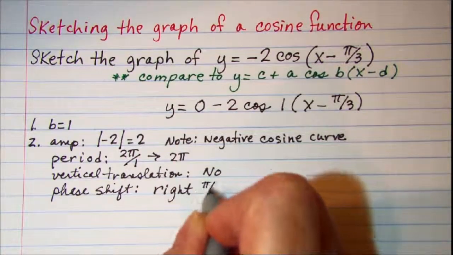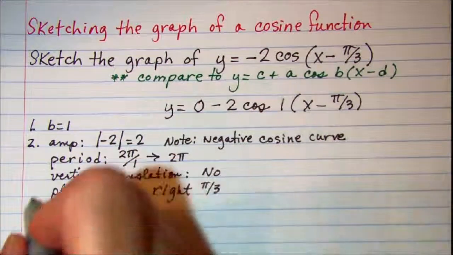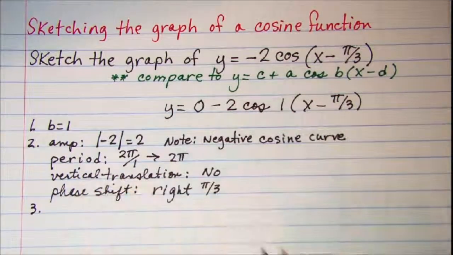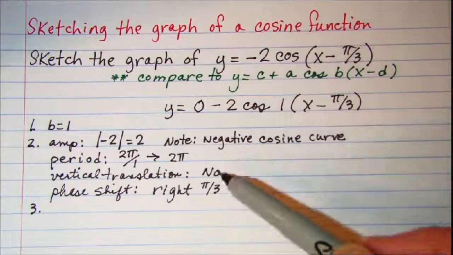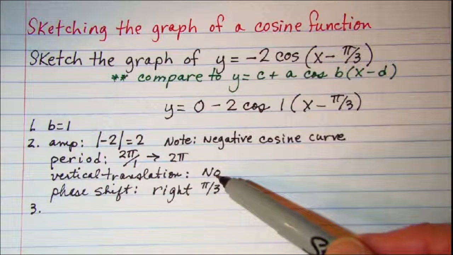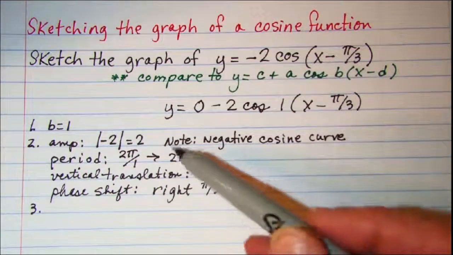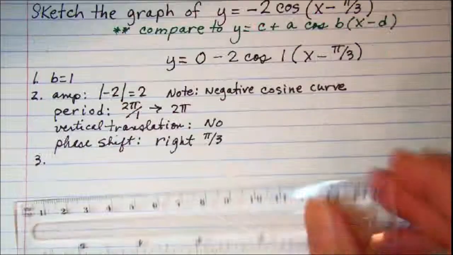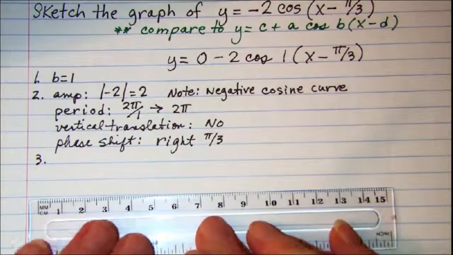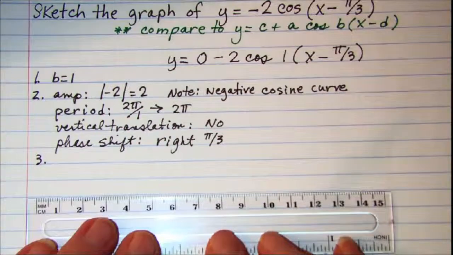Our third step is to draw in the guidelines. We have no vertical translation, so our center line is the x-axis, and we have an amplitude of 2. We want to go up and down 2 units.